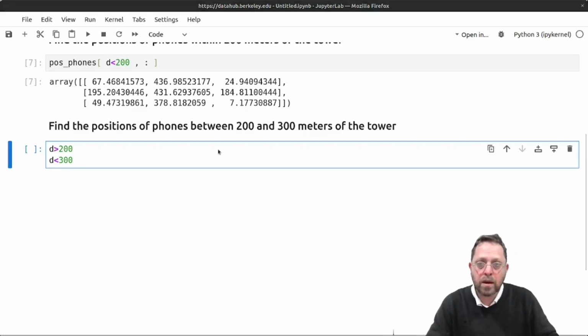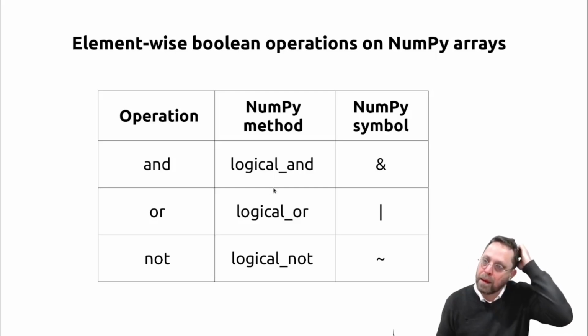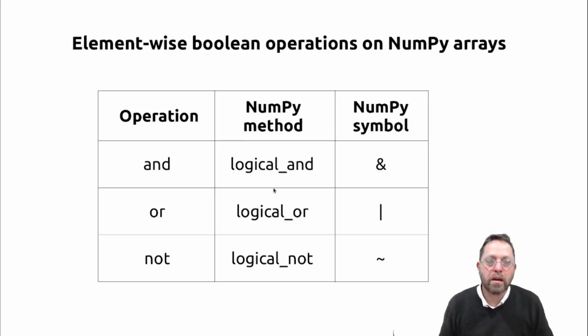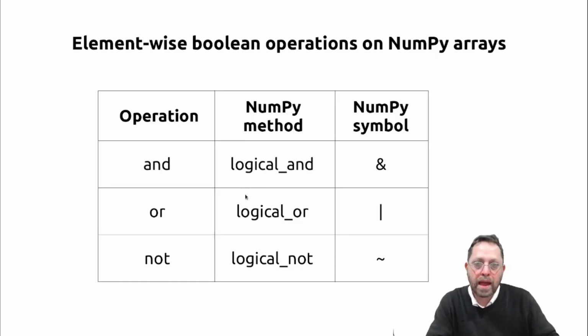For this, we can use NumPy's element-wise Boolean operations for NumPy arrays. And these are the following. So the Python operations are called and, or, not. And the respective NumPy methods are logical_and, logical_or, and logical_not. But you can also use these shorthand symbols, which are the ampersand, this vertical bar, and the tilde.